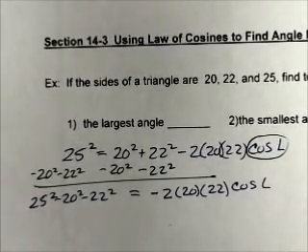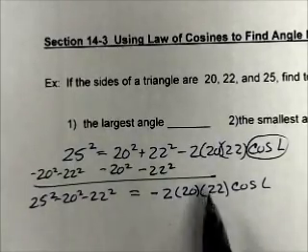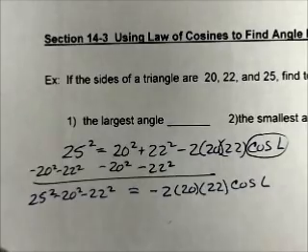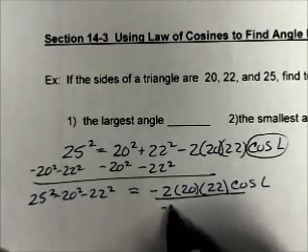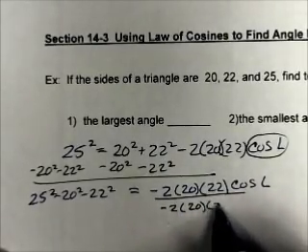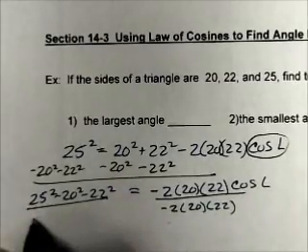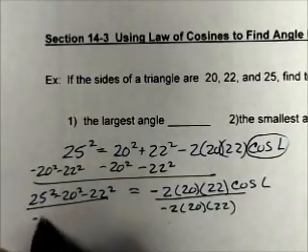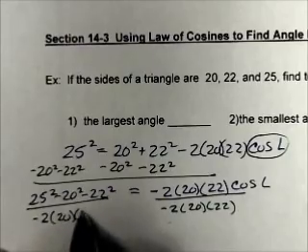Doing some algebra here, not touching the calculator yet. Now this is all multiplication. What undoes multiplication is division. So we're dividing by negative 2, 20, and 22.